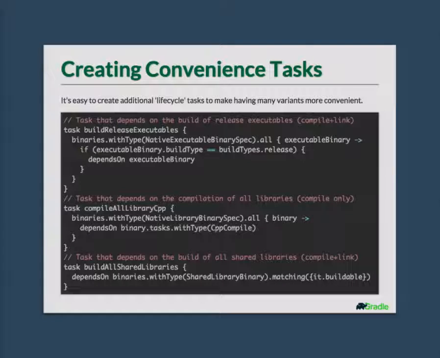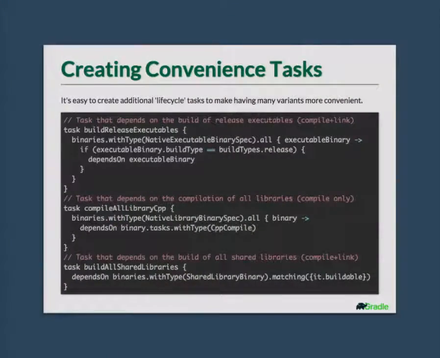We can also say we only want to do the compile step. We want to be able to compile all of our library sources from one task. So we have a compile all library CPP, and we're selecting all the library binaries, and grabbing only the compile part of that binary.